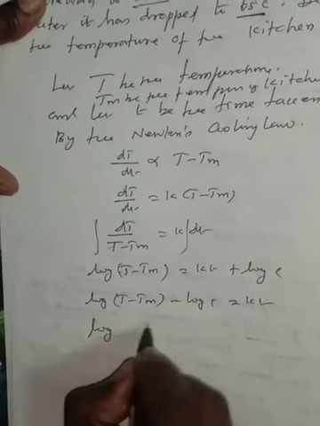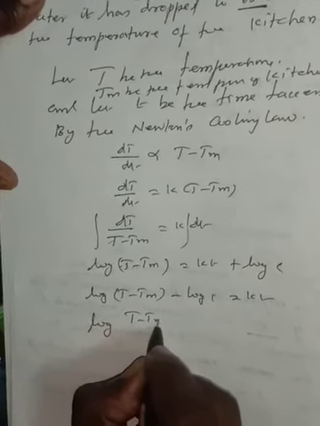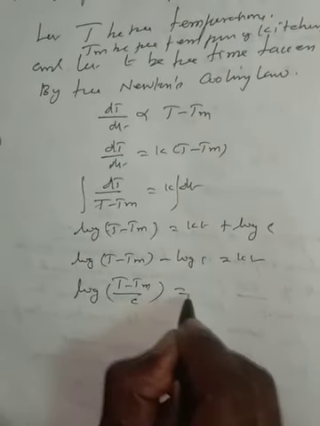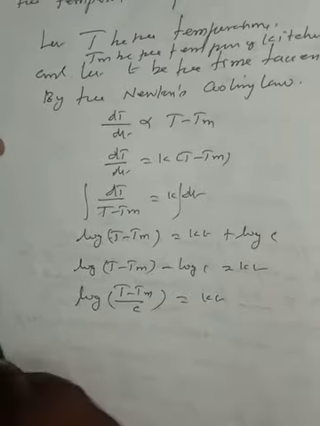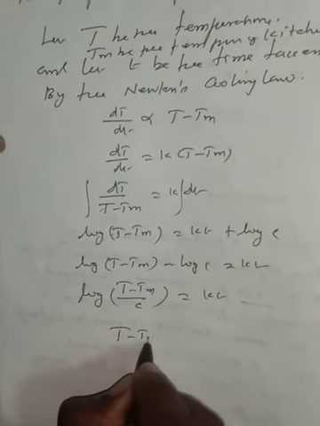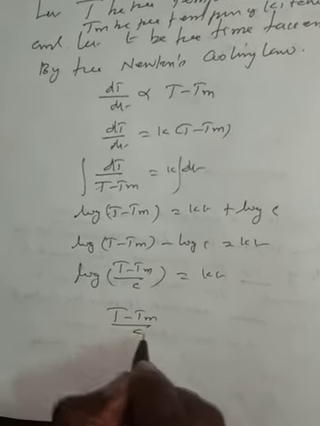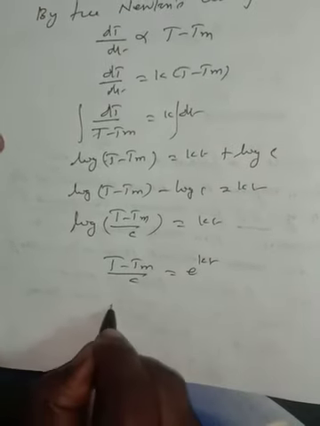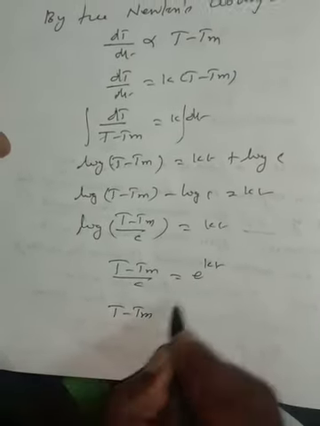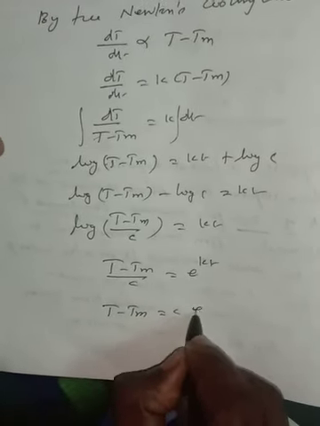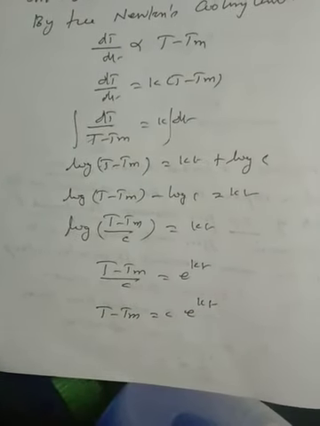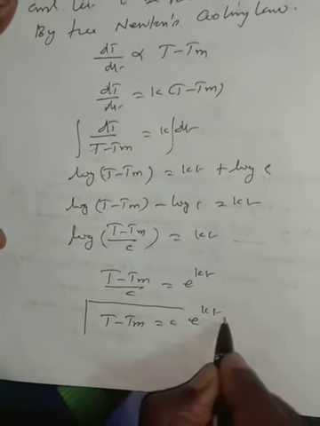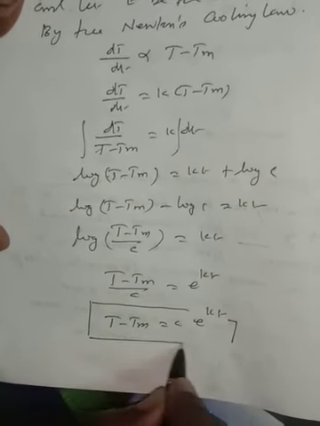Log of T minus Tm divided by c is equal to kt. So T minus Tm divided by c is equal to e to the power of kt. Cross multiplying, we have T minus Tm is equal to c into e to the power of kt. Equation number 1.